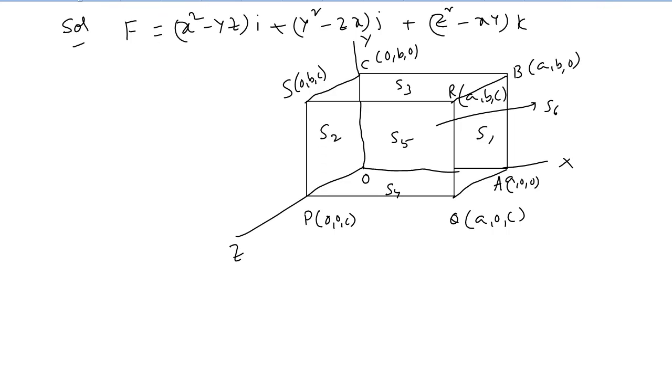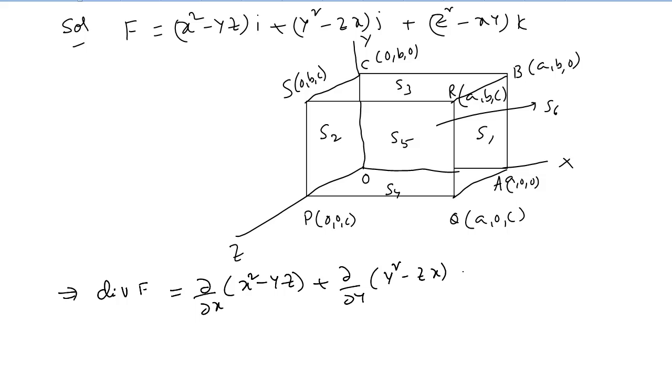Now first, divergence of F is dou by dou x of (x square minus yz) plus dou by dou y of (y square minus zx) plus dou by dou z of (z square minus xy). Now if you simplify, 2x plus 2y plus 2z, nothing but 2 times (x plus y plus z).